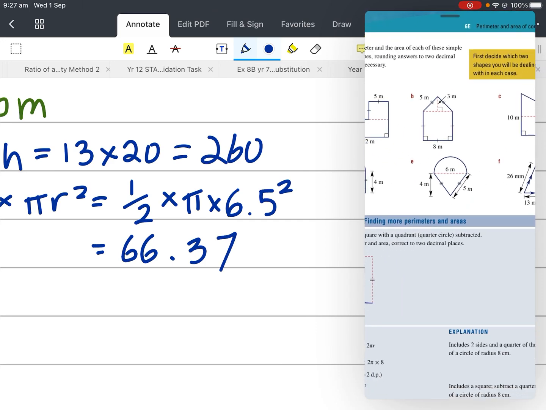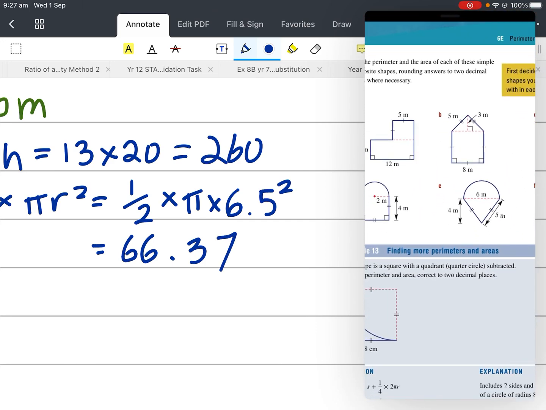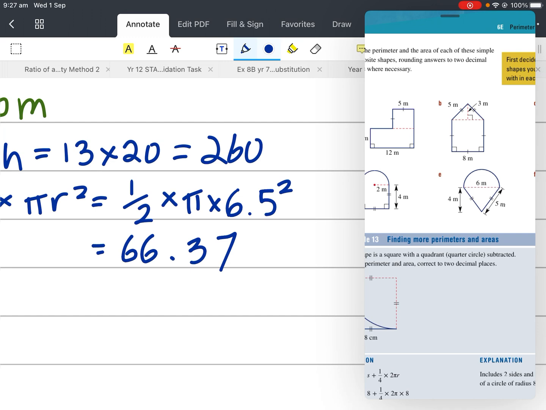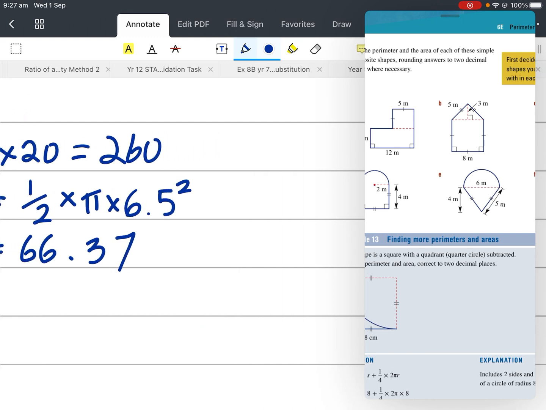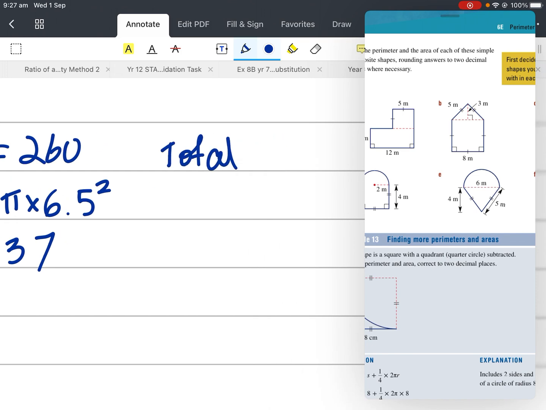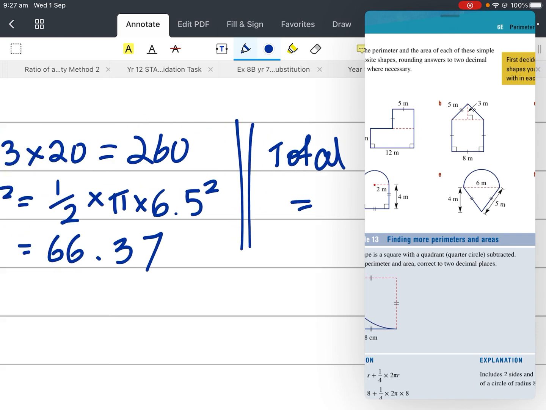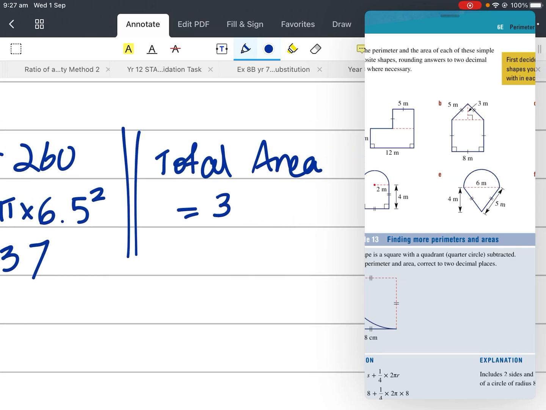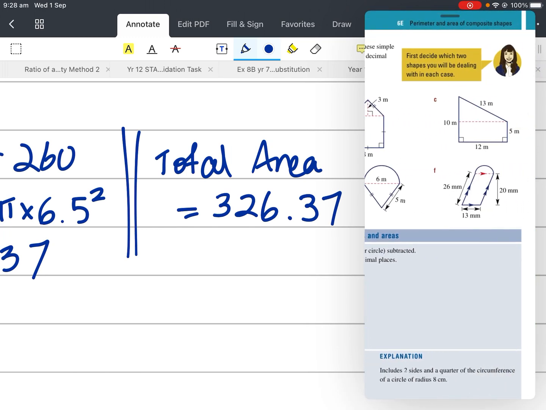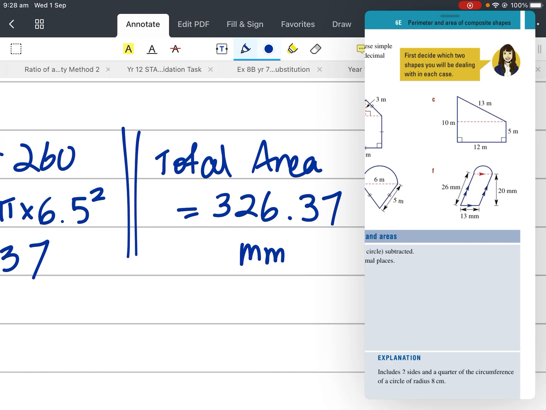Now if you read the question here, it does say to 2 decimal places, so that's why I've done it to 2 decimal places. Now to find my final area, total area will be those two added together, won't it? So 66.37 plus 260 gives 326.37, and that's in millimetres, so don't forget millimetres squared. Right, let's try the perimeter.